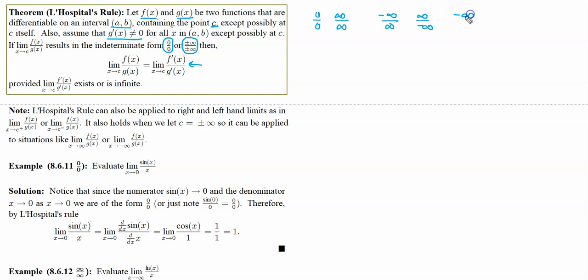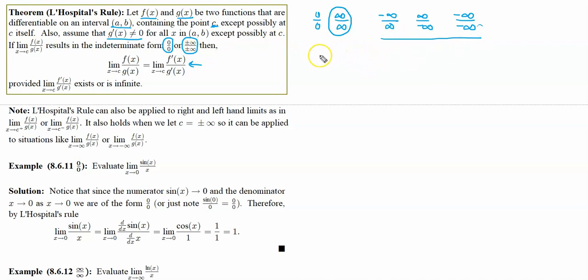Negative infinity over negative infinity is also an indeterminate form. So just for brevity, we only write infinity over infinity like this, but this covers all of the other cases. So here we stated it as plus minus infinity divided by plus or minus infinity, but all of these are also indeterminate forms.